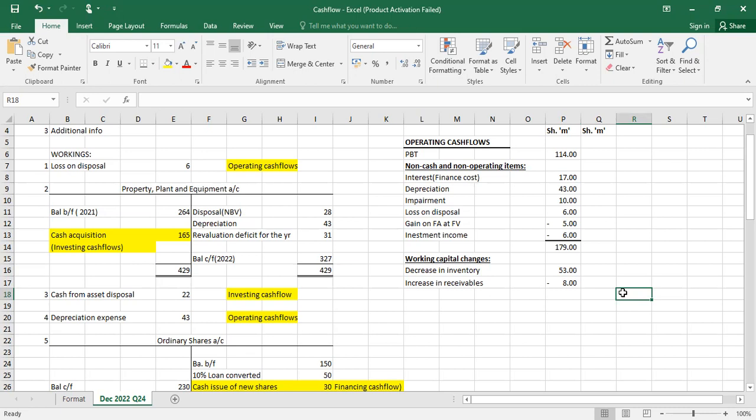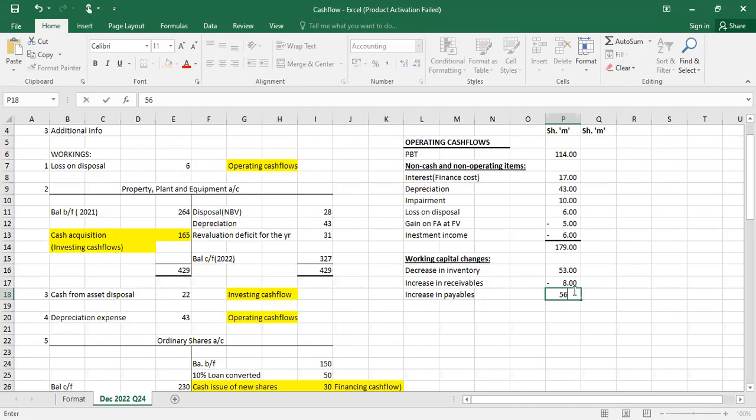Lastly, can you check on the payables? Did the payables increase or decrease? Increase. Yeah, the payables increased by how much? 56.